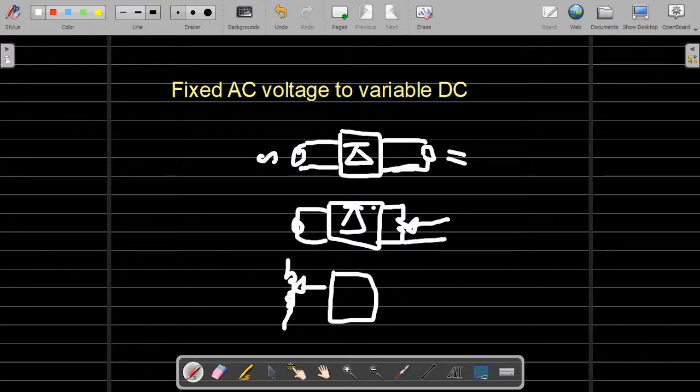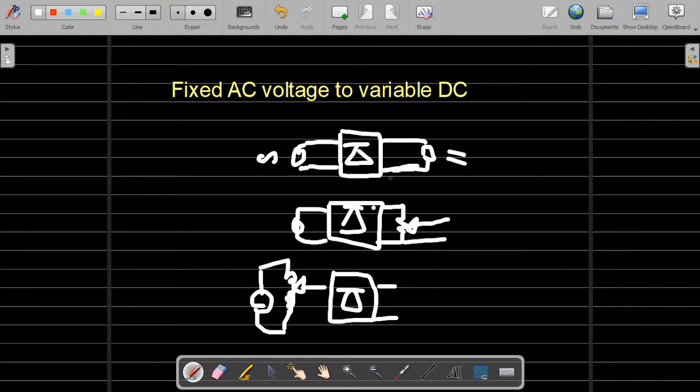That means I am varying the AC itself to vary the DC. Such systems can be used. Obviously people were using these types of configurations when there was no SCR. So there was a need of developing something which is very efficient, not so bulky, and still we can get the variable DC.